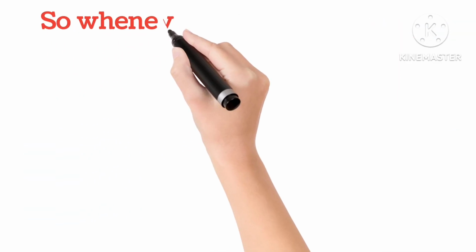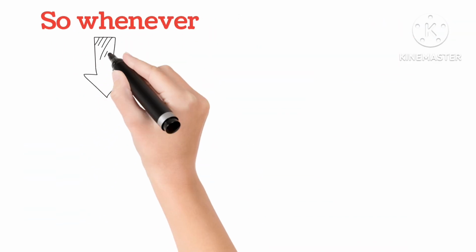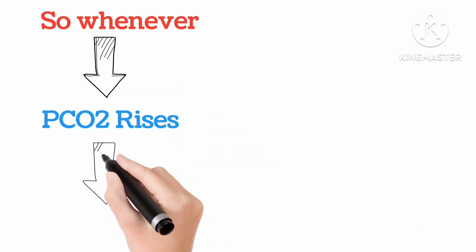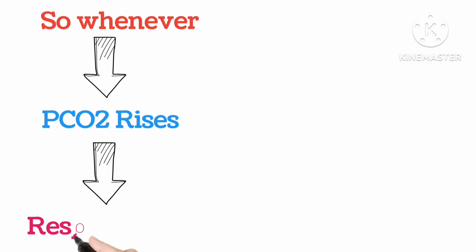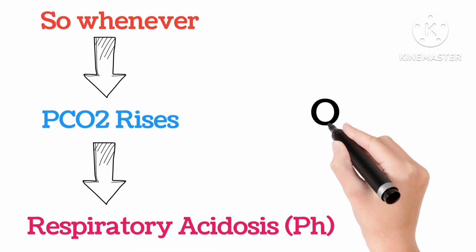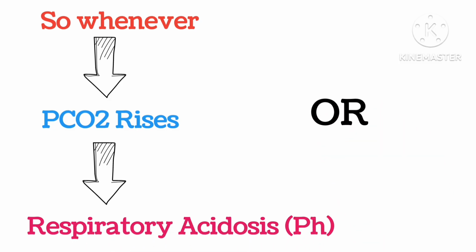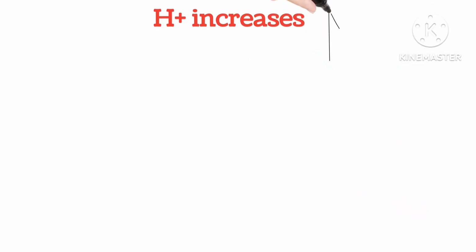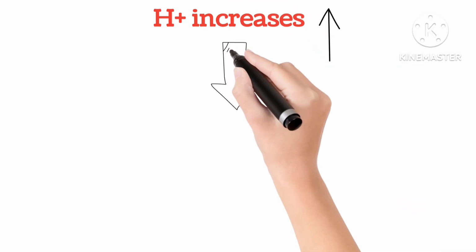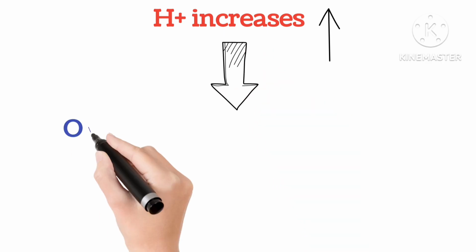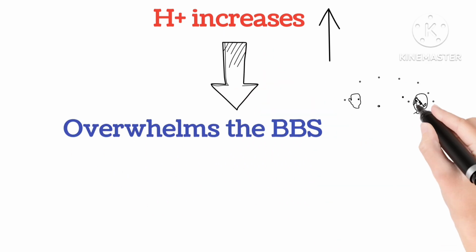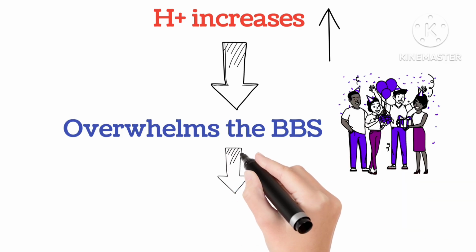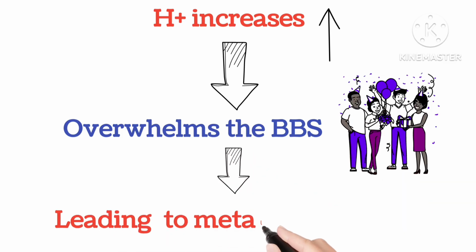In short, whenever the PCO2 rises in the body, a condition called respiratory acidosis, or whenever the hydrogen ion increases to such an extent that it overwhelms the first line of defense of acid-base regulation, the bicarbonate buffer system, this leads to a condition called metabolic acidosis.